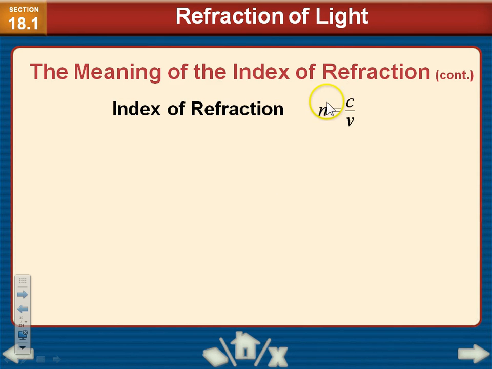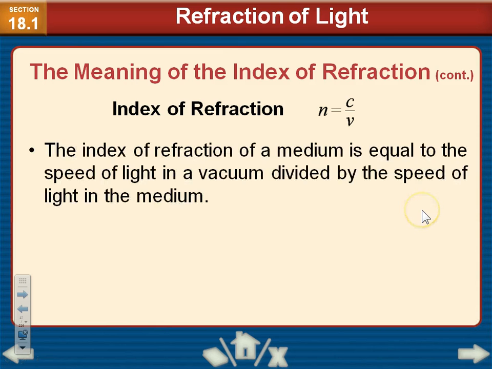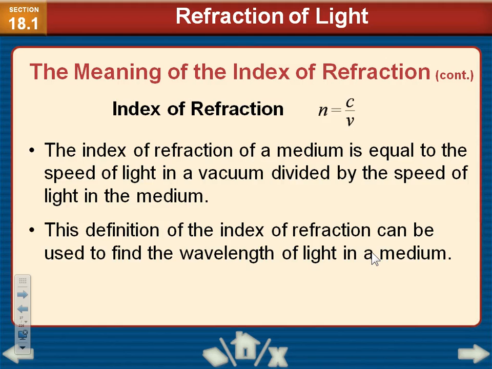So we come up with an index of refraction, which is related to the comparison of the speed of light and the speed at which it travels in a material. This number is always going to be bigger than 1, because the speed of light is the fastest something could travel, so the numerator always has to be the largest number, which means that we end up with a number that's bigger than 1 for our index of refraction.